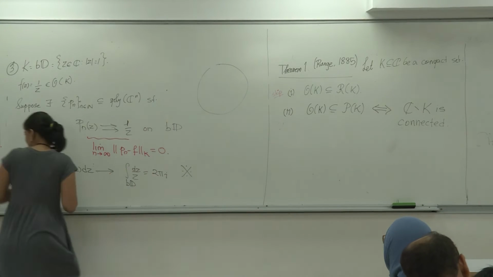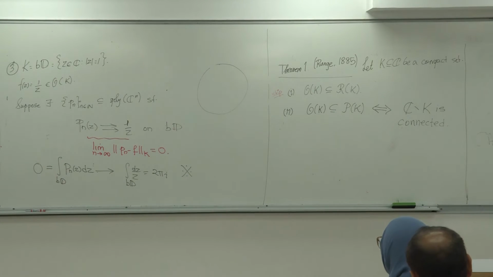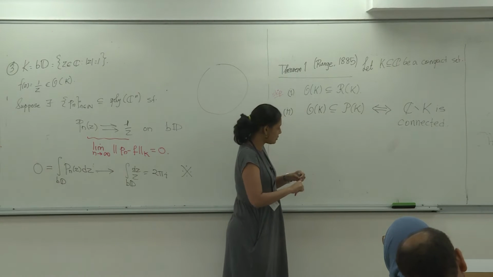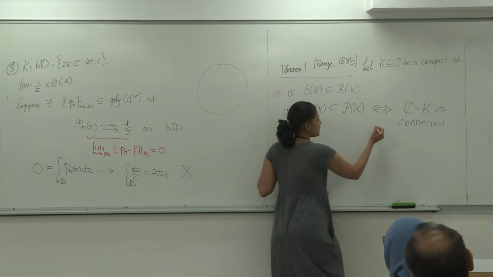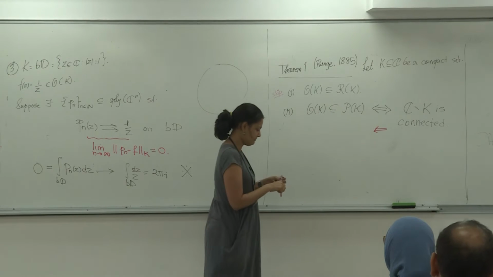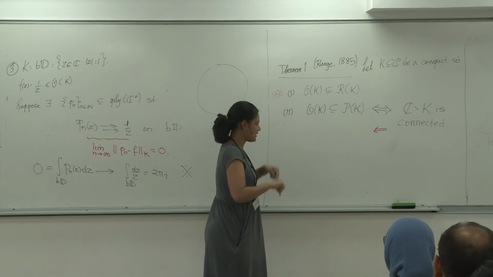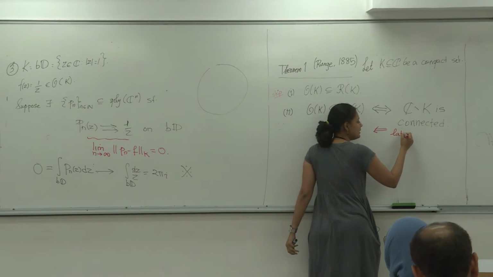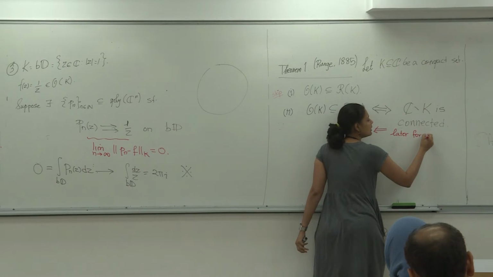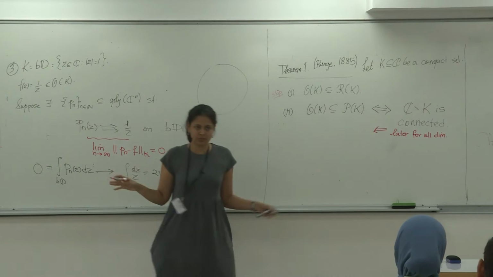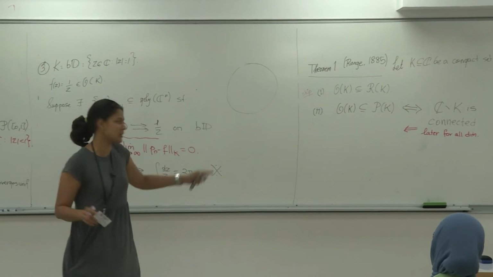Sorry, I will not use this red, but I'll use this. And what we will do is, so the sufficiency over here, there's a version of this in higher dimensions, so we will do this later for all dimensions. I'll give a more general proof in all dimensions, which will include this direction.